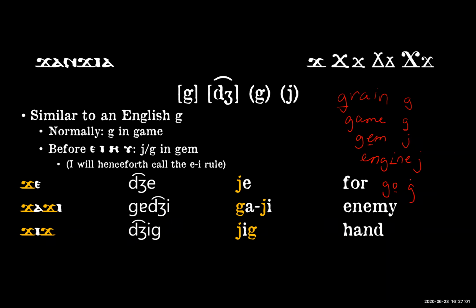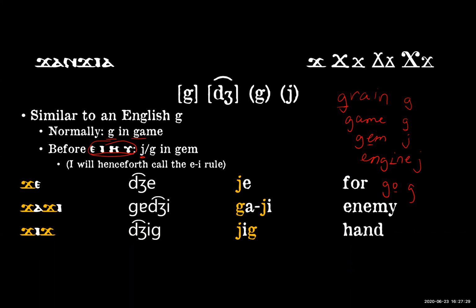So it's normally a G, like game. But before these four vowels, the letters Ei, Yota, Ada, and Ha, it makes a J sound. These front vowels, they cause a lot of pronunciation changes in certain languages, but Greek especially.